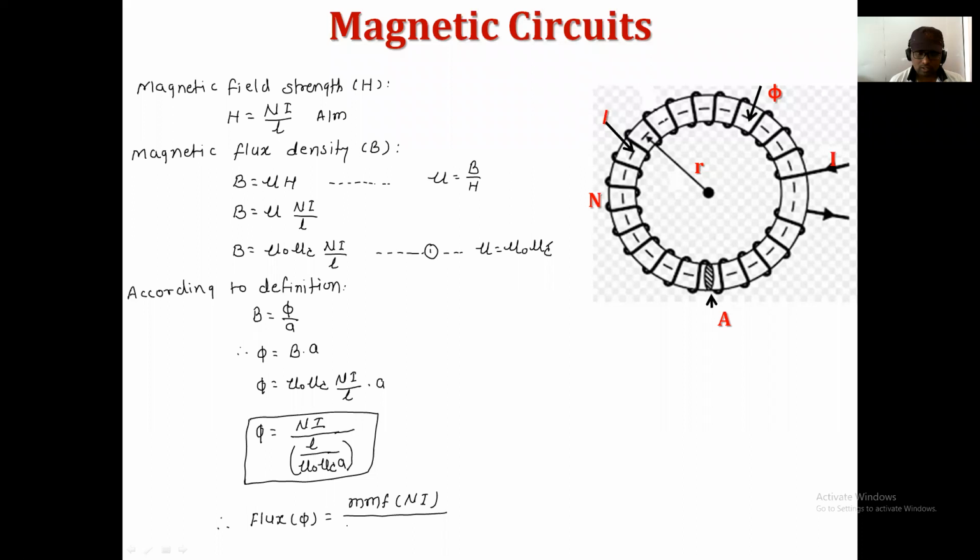What is this? This is the opposition to the flux. So it can be said that it's a reluctance, and it is denoted by the letter S. For that, you can give the analogous terms: I is equal to V divided by R, which is equal to EMF divided by opposition.